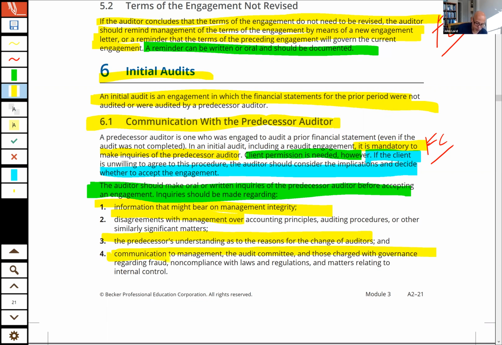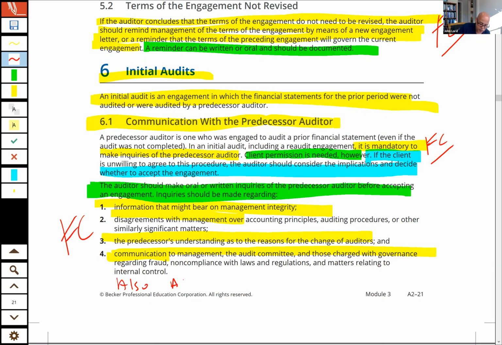Issues that might bear on integrity, disagreements, predecessor's understanding for the reason for the change. Maybe they're just opinion shopping. Maybe they're very difficult. Maybe there's something that the auditor walked away because they were concerned about the integrity. Anything about fraud being communicated. Okay. Put down here and continue on this flashcard.